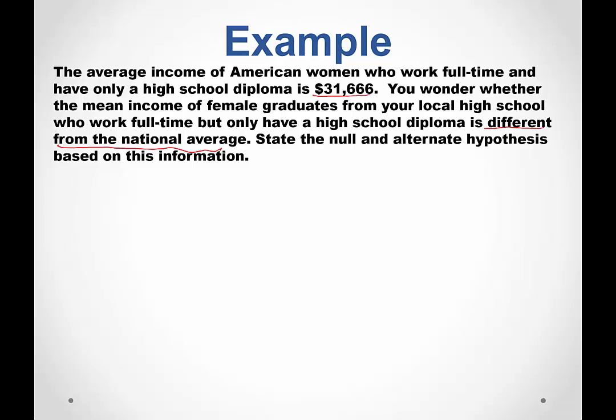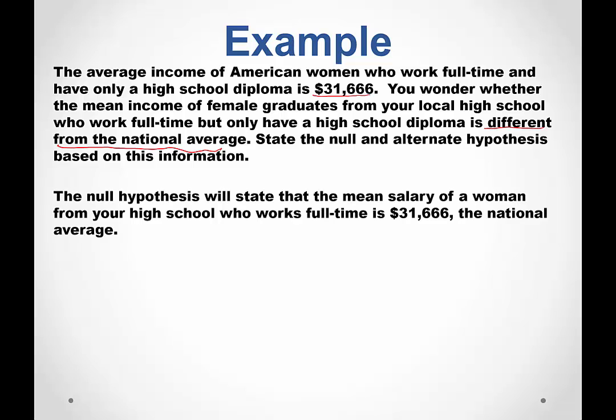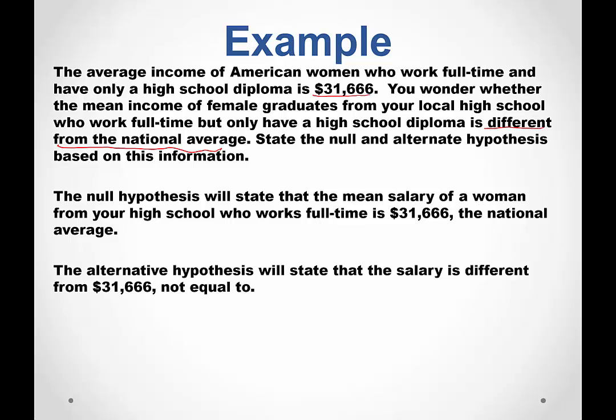Okay, so if we look at the null hypothesis, this would support what everybody believes, and that is that the national average is $31,666. The alternate hypothesis will support what you think is true, and you think that the salary is different from.